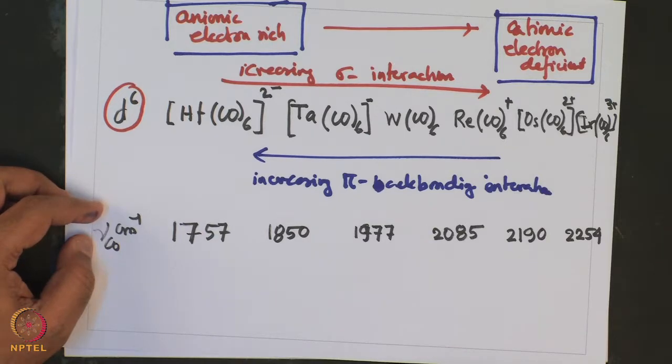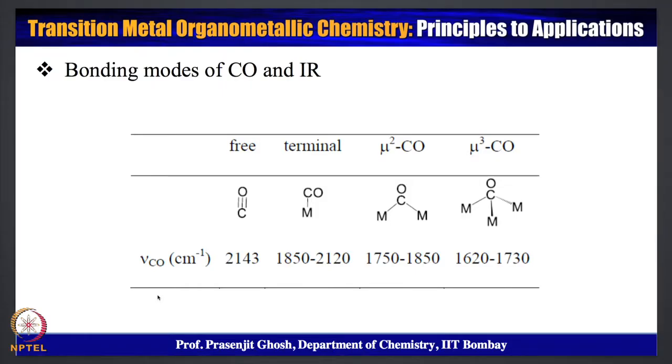We will take a look at a few more types of binding modes of CO and how that correlates with the CO stretching frequencies. That will also give us insight into how the binding modes affect the metal carbonyl stretching frequency.